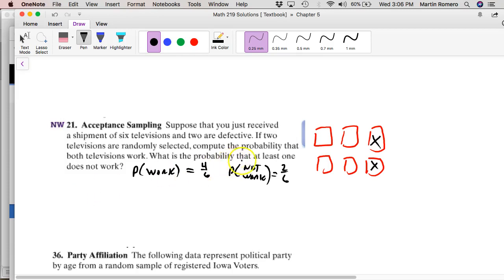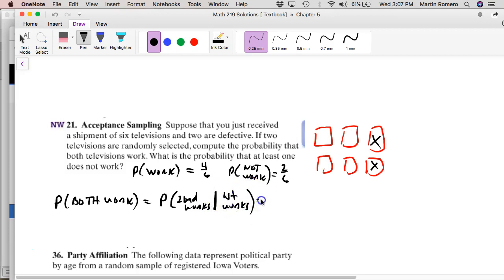First question: if 2 televisions are selected at random, compute the probability that both televisions work. What we're looking for is both work. That is the same as saying, what's the probability that the second TV works, given that the first works also?